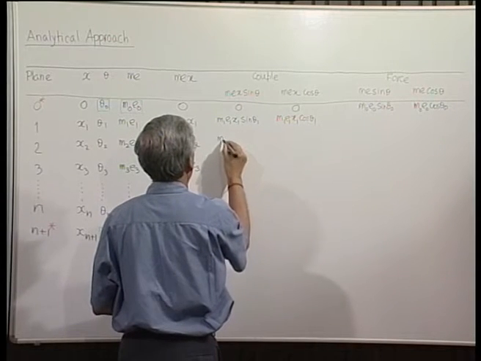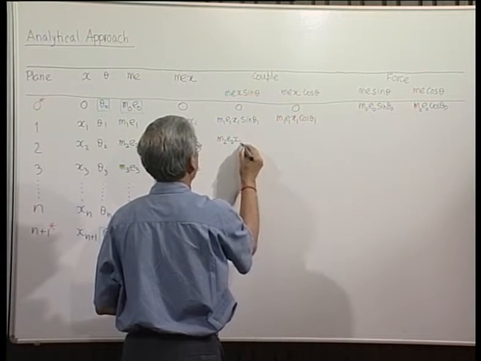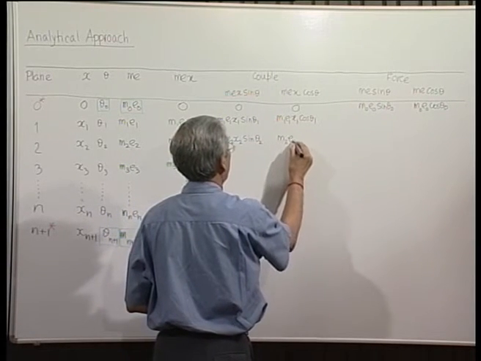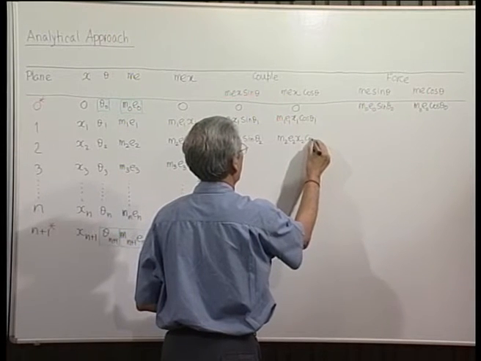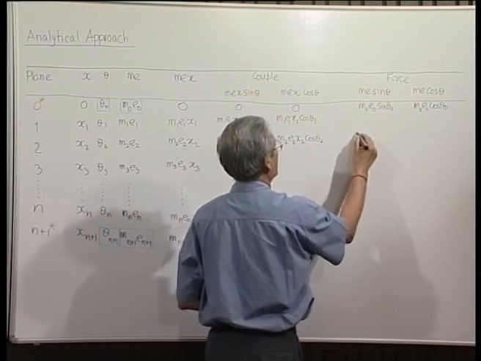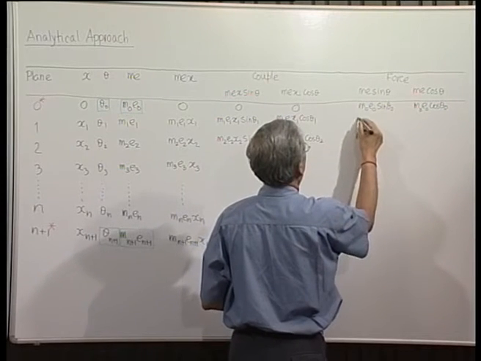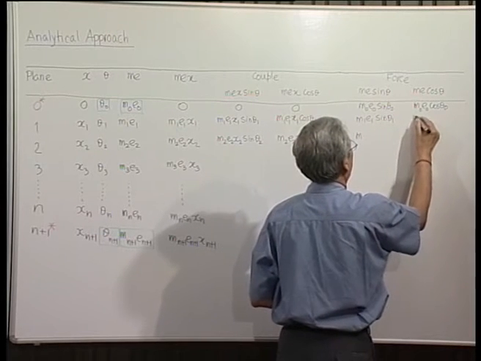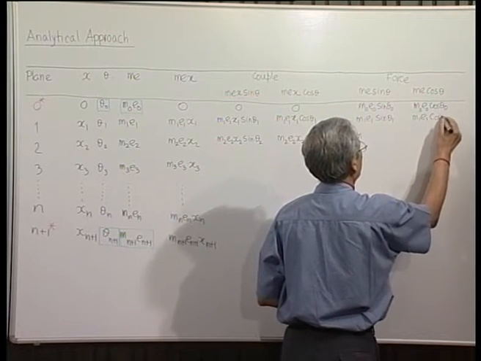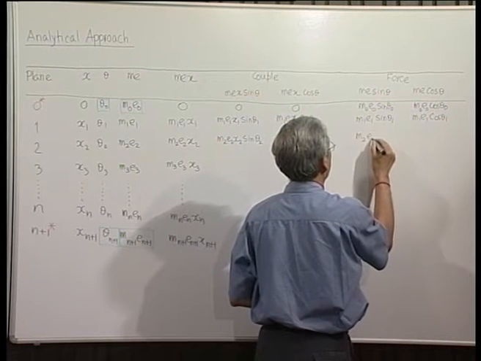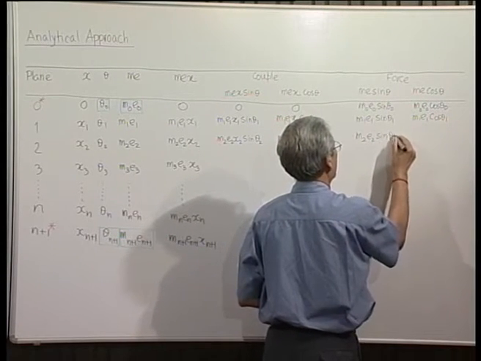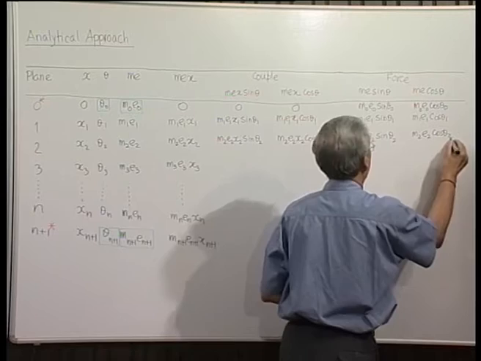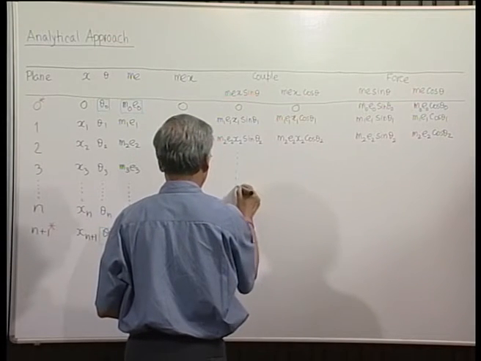Next one will be m 2 e 2 x 2 sin theta 2, m 2 e 2 x 2 cos theta 2, and of course, this is m 1 e 1 sin theta 1, m 1 e 1 cos theta 1, m 2 e 2, and this will go on.